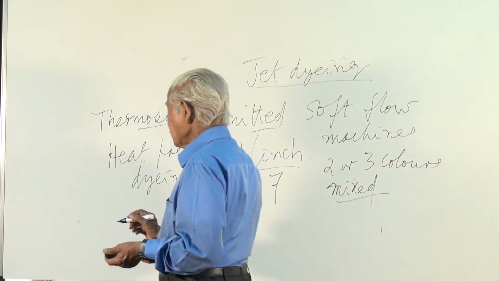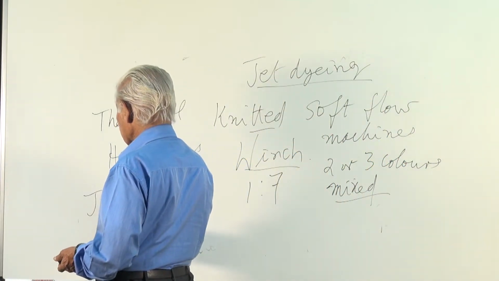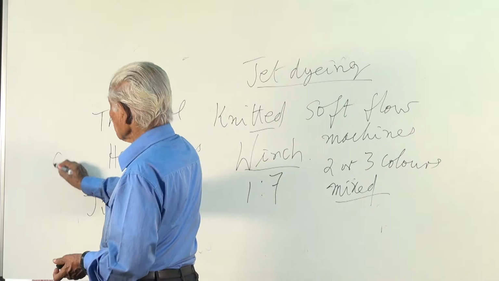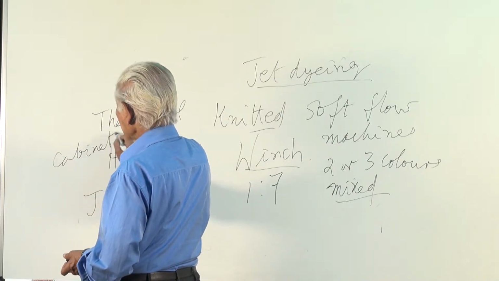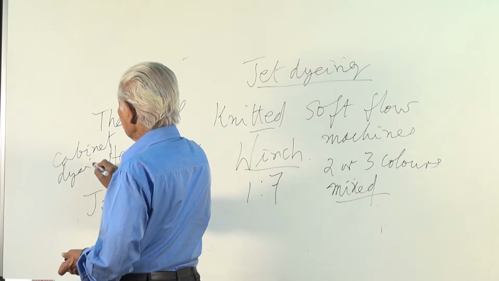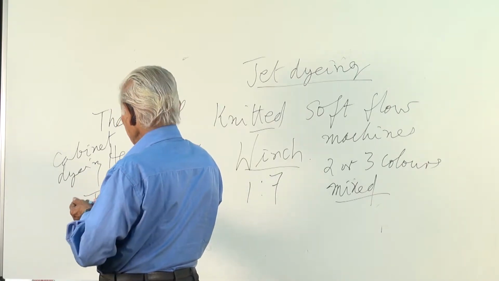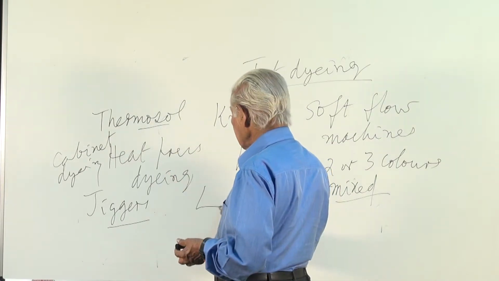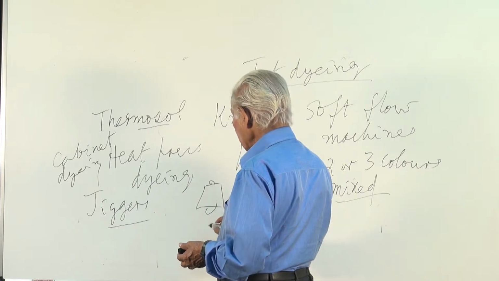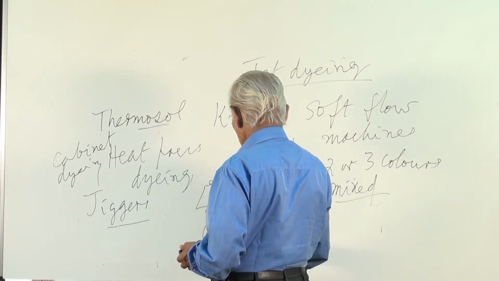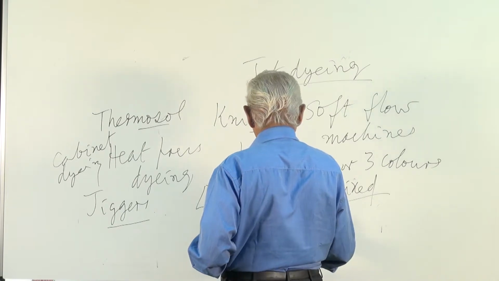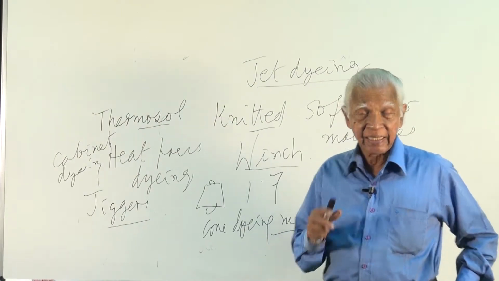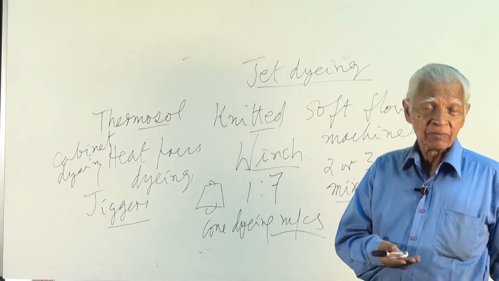And for dyeing of cotton materials, we use jiggers, which use the exhaust method. And for dyeing hanks, we use cabinet dyeing machine. And for fiber dyeing, we use a fiber dyeing machine, or for dyeing these yarns, they are dyed in the form of a cone. So we have cone dyeing machines. And the yarns which are dyed fetch a higher price, and it is one way of value addition.